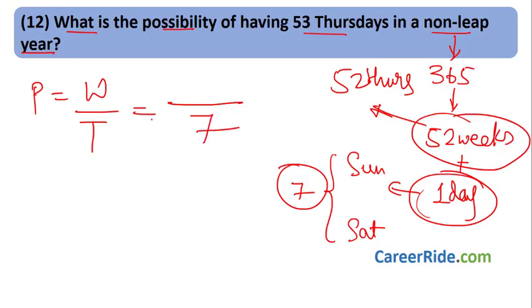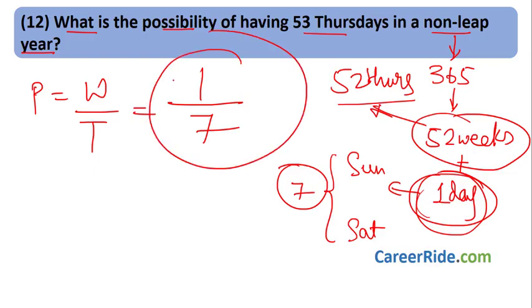What I want is 53 Thursdays. Already 52 Thursdays I have in a non-leap year, because there are 52 weeks. Now this one day has to be a Thursday. I want specifically Thursday. So I want 1. There is only 1 Thursday in every week. So probability is 1 by 7.